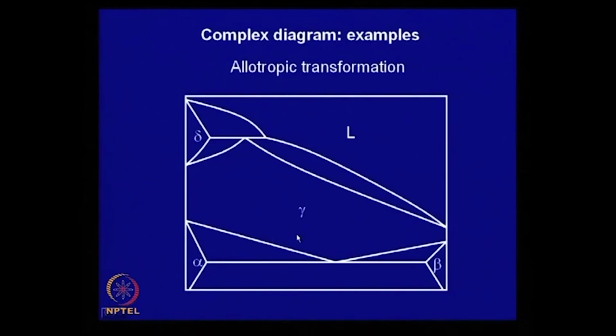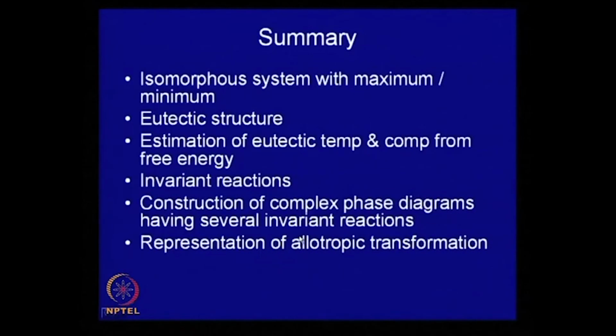Now, with this we have looked at several types of phase diagrams. We looked at isomorphous systems, and we also looked at some variations of isomorphous system, like one showing a maximum, another showing a minimum. We looked at eutectic structure.